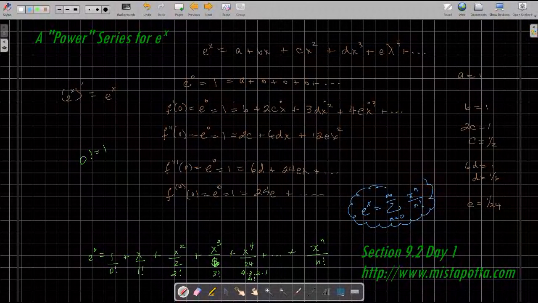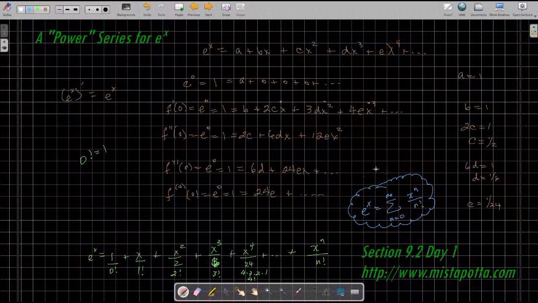Now, what's really nice about this, and something we'll talk about in class, is in our geometric series, we were bounded by this interval of convergence, where the interval of convergence had to be between -1 and 1.